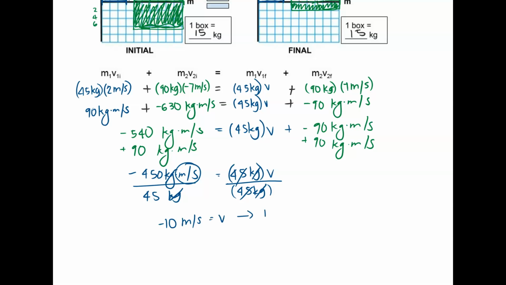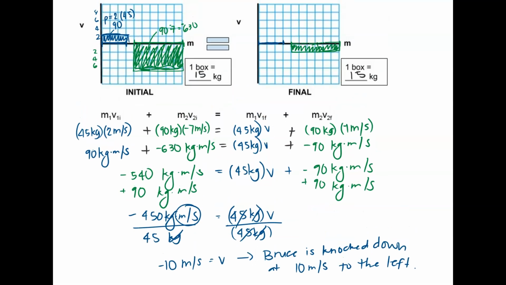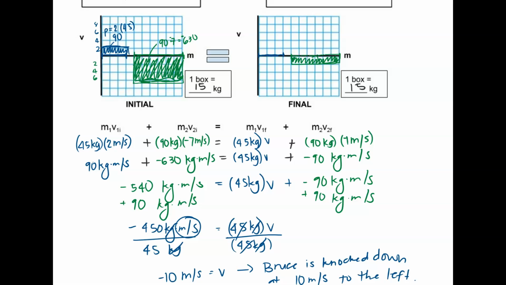So this means that Bruce is knocked down at 10 meters per second to the left. Or you can also say backwards or whatever means the other direction. So then we'll go back and graph Bruce's. So this is Bruce.